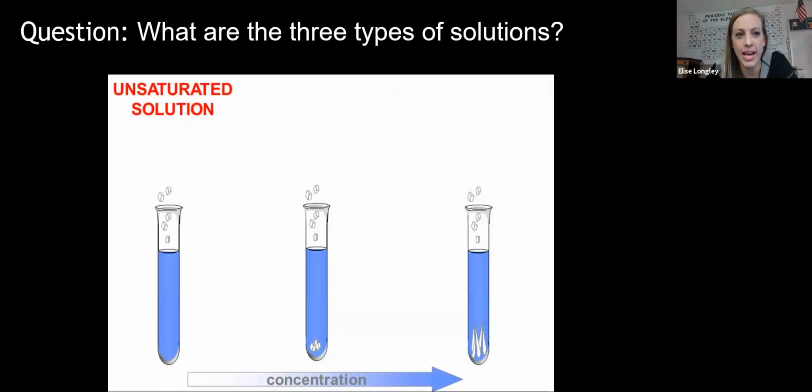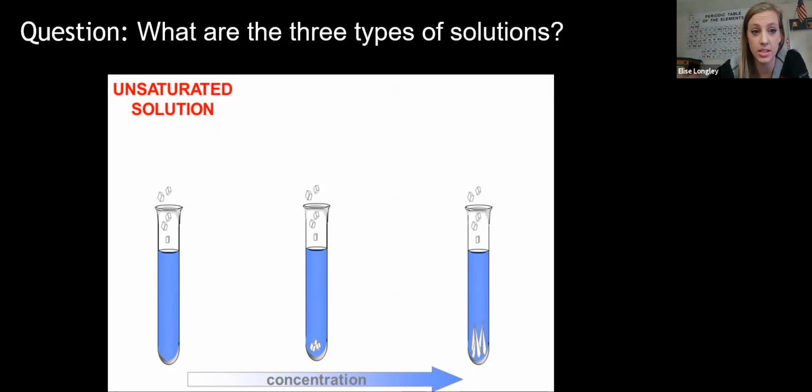Yes. That was lovely academic vocabulary you used. I'm going to break it down a little bit. I always want you guys to use the vocabulary if you know it, but basically what she's saying is that there's still room for things to dissolve. Solute is what is dissolving. It's the salt or the sugar or whatever you're adding to the water. The water in this case would be the solvent.